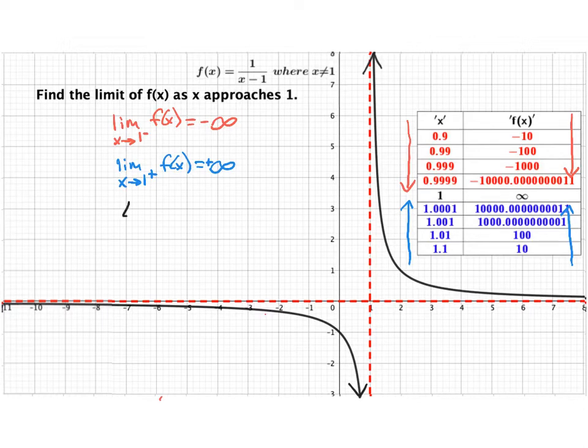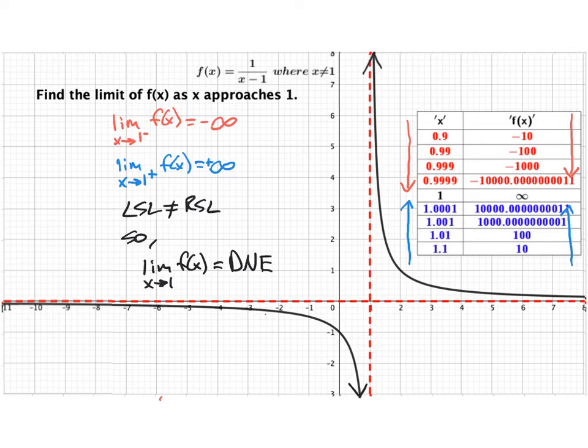So the left side limit does not equal the right side limit. There is a negative infinity that's different than positive infinity. These do not agree. So we would say that the limit as x approaches 1 of f of x does not exist.